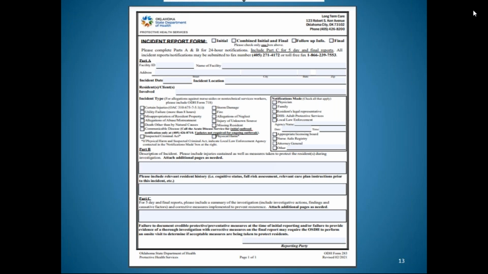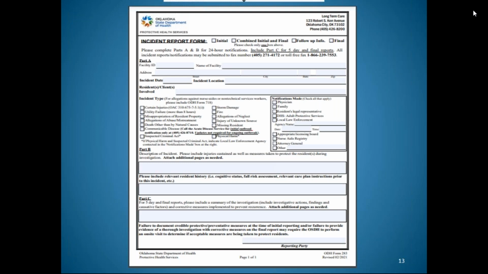A lot of reports. Now, about 20,000 of those were strictly COVID related, where the facilities were reporting COVID positive residents, staff members, and any incidents with COVID to the department.